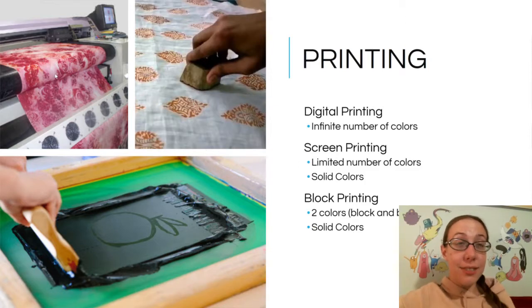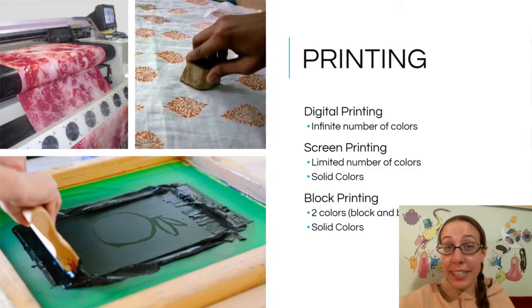Digital printing is a relatively new type of printing. I mean, it's not really that new, but it's much more commercialized now, I guess is a good way to say it. There's a lot more access to it. So digital printing is an option, and we will do a project where you're allowed to use infinite colors. That is what digital printing is perfect for. It's basically like a laser printer or an inkjet printer that applies the color directly to the fabric, and then the fabric is washed and processed and returned to you, and it looks beautiful and perfect because it came out of a printer.